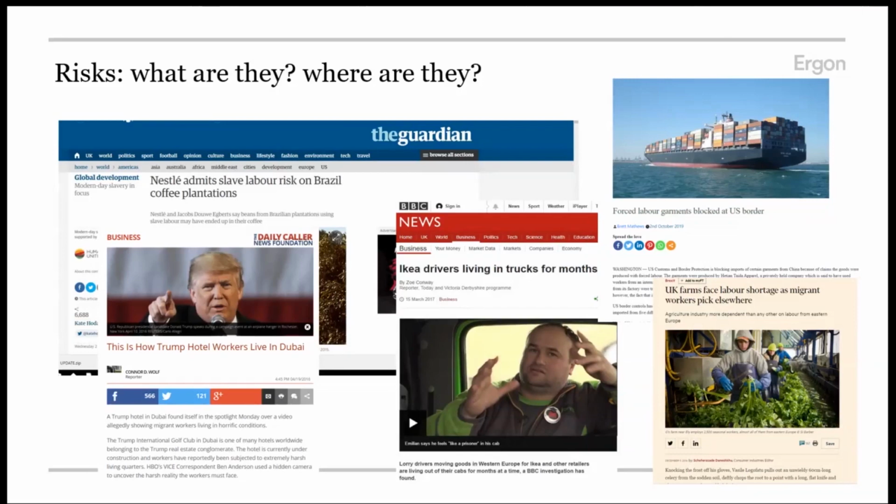Now, the classic definition of risk is it's a combination of a hazard, financial fraud, for example, and the probability of that hazard happening. So it's a combination of the bad thing and the likelihood. And it's a theoretical calculation.